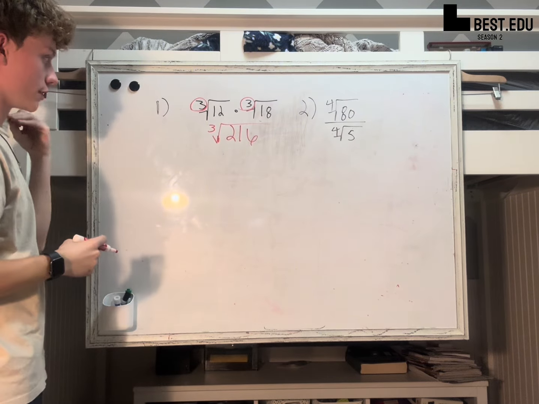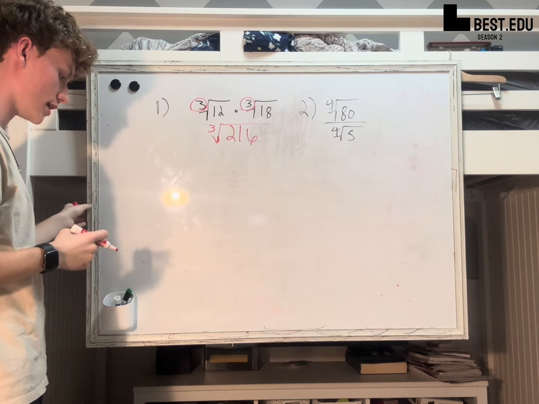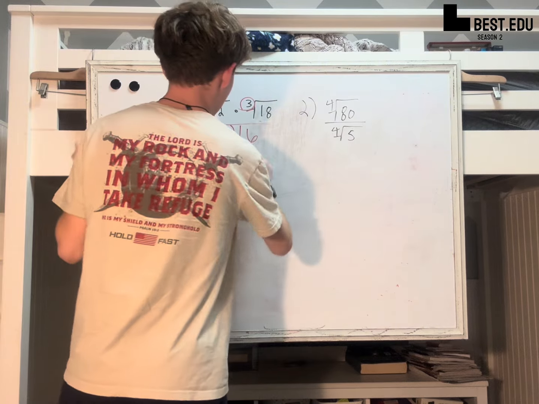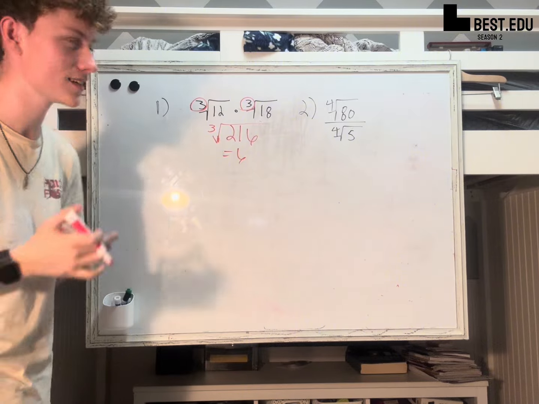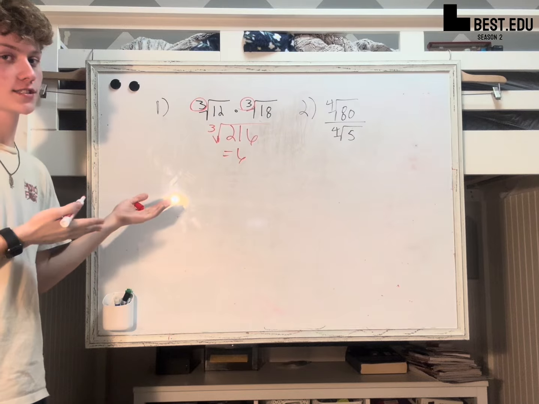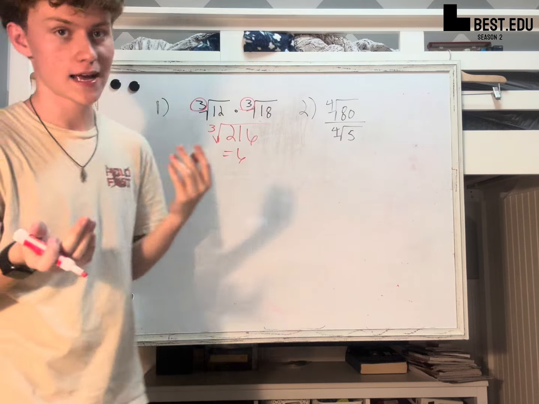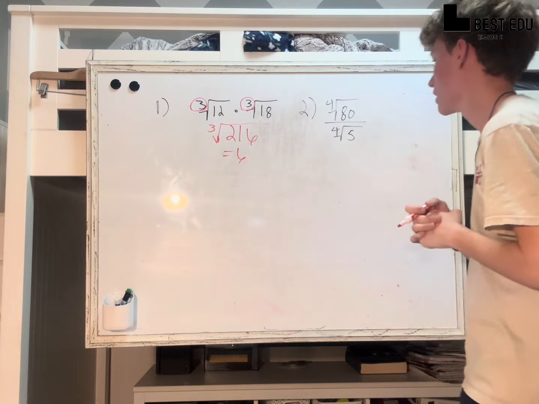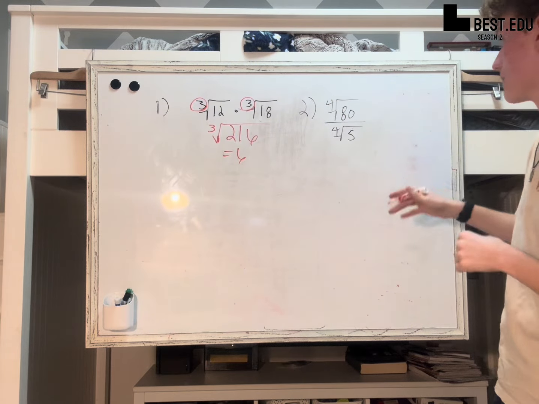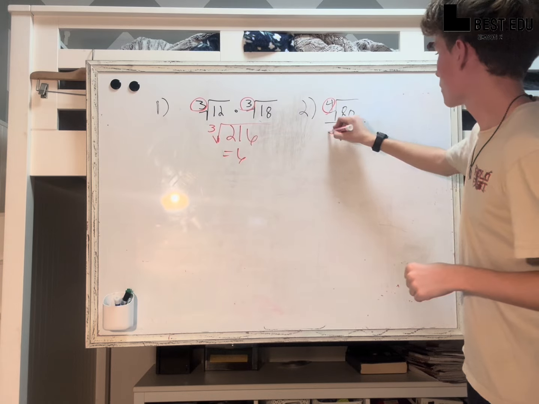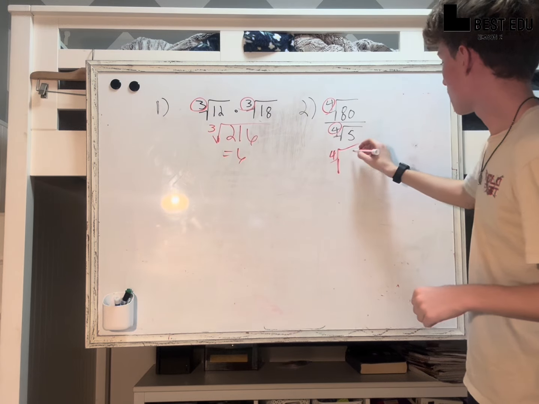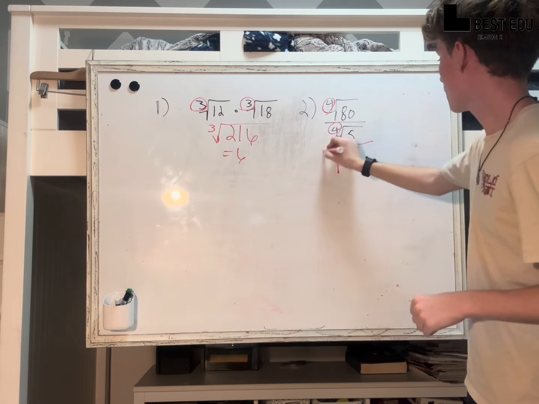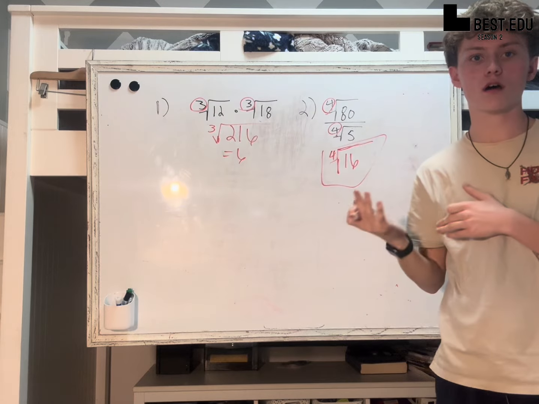The cube root of 216 is 6. It's as simple as that. Not sure if that would be on a test, but this still leads on to other concepts that we're going to go through later in this lesson. Now, this one is exactly the same. We have 80 divided by 5, that becomes 16 right here. And there you go, it's the same thing on both sides.